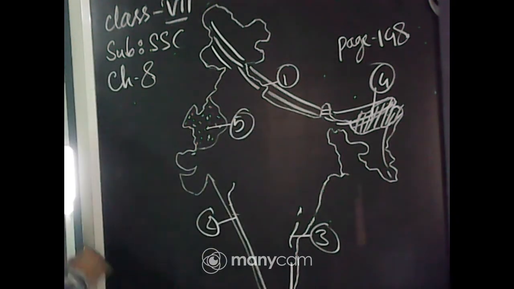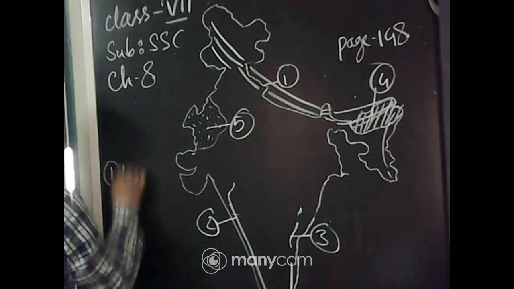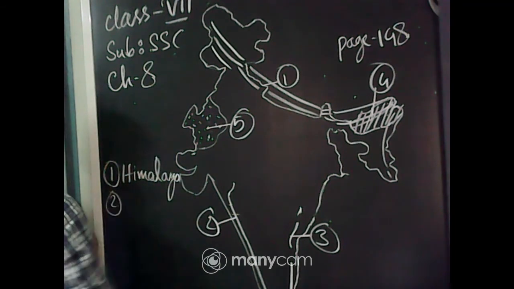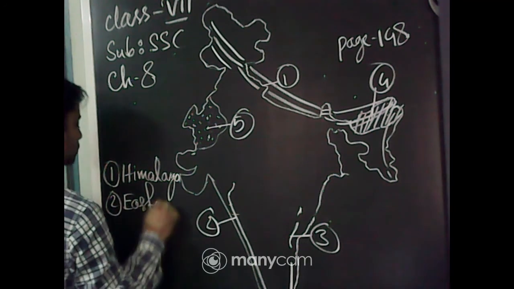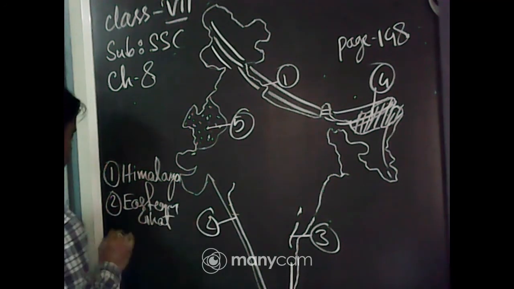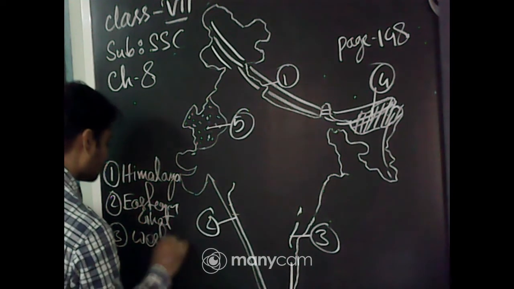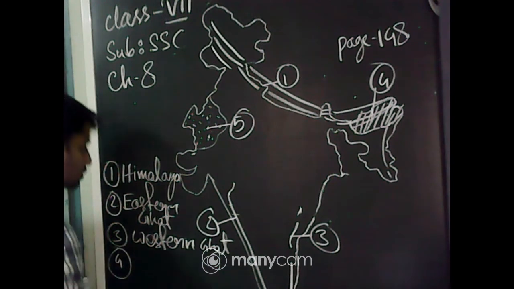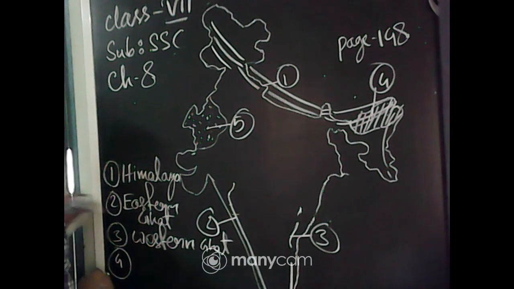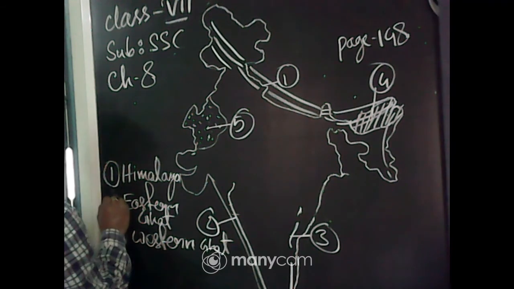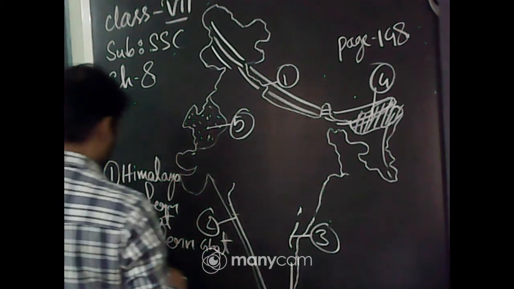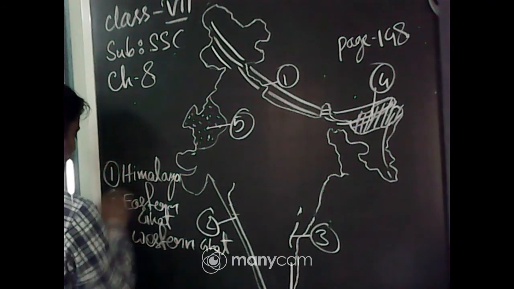Okay. Now, make an index here. Himalaya, number 1. Eastern Ghat, number 3. Western Ghat, number 2. Sorry, it will interchange, I will change the number here.